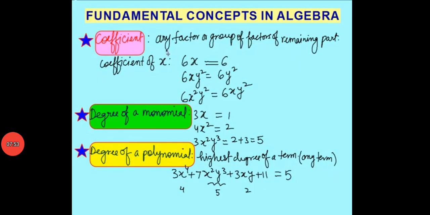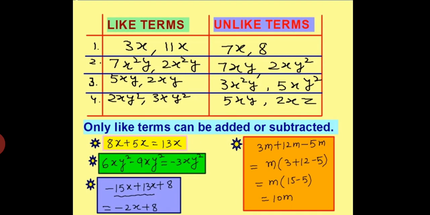So I hope the concepts of coefficient, degree of a monomial and degree of a polynomial are clear to you. Next, coming to like and unlike terms. Like terms mean the terms having the same literal coefficients or alphabetic letter.